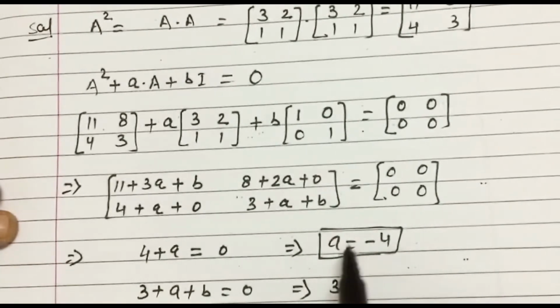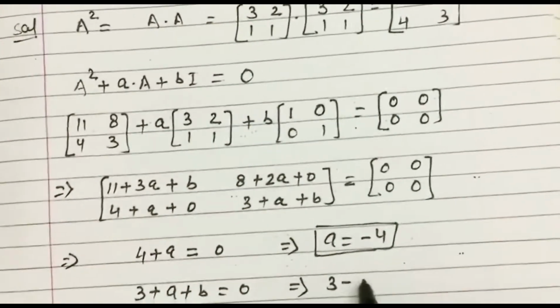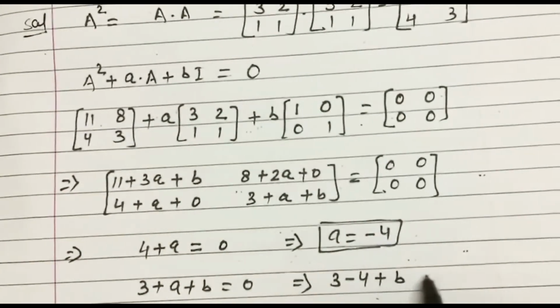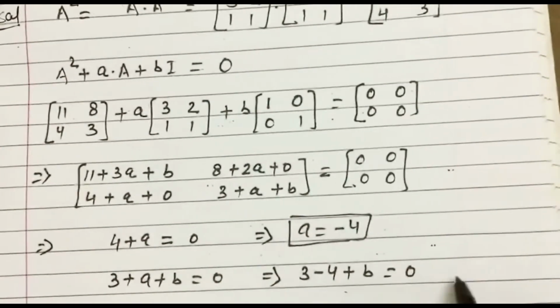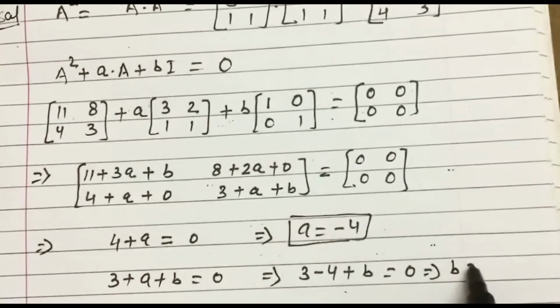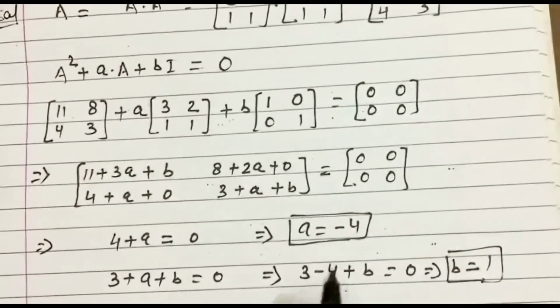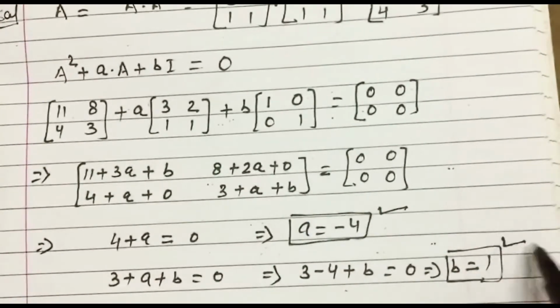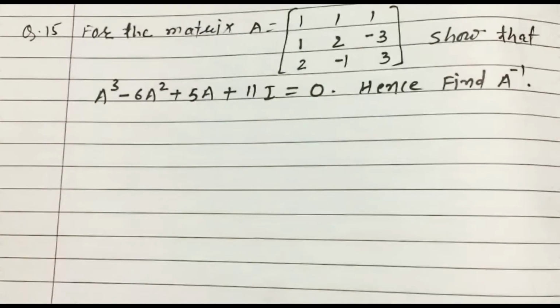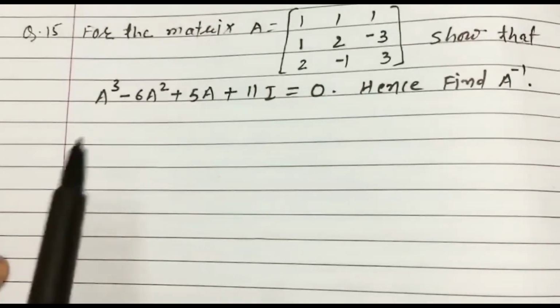In place of A we can write minus 4, so 3 minus 4 plus B is equal to 0, and it gives B is equal to 1. So the values are A is equal to minus 4, B is equal to 1. Now question number 15.